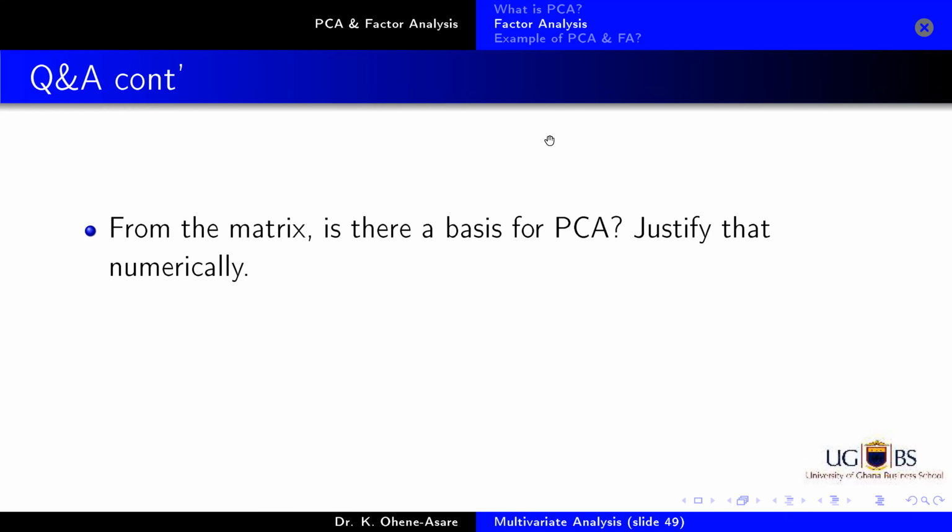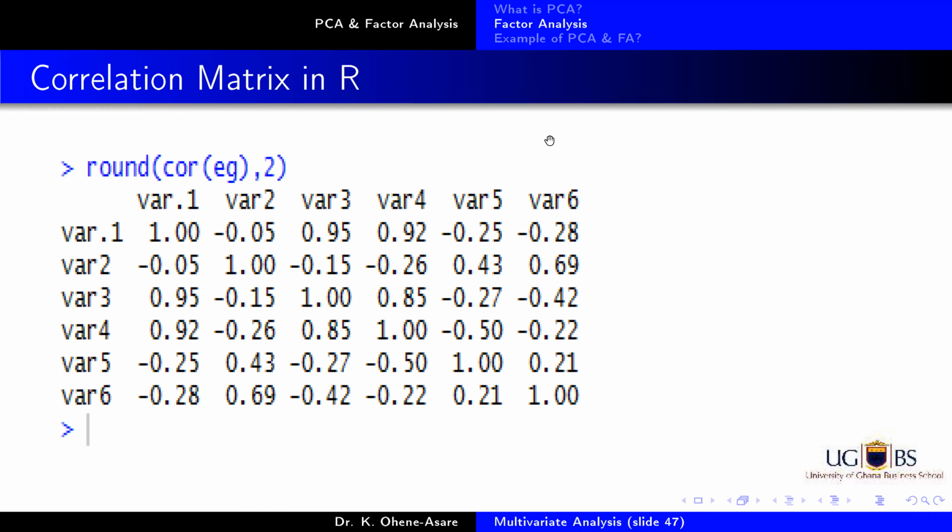Let me show that. Looking at the table now, is there a basis for principal component analysis? You must be able to count how many of the coefficients are 0.3 or more. If you get 7 being 0.3 or more, you're good to go.